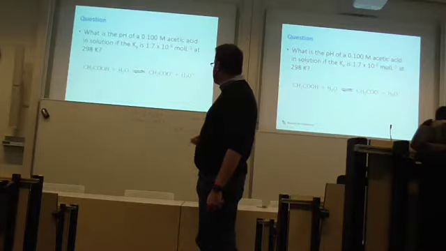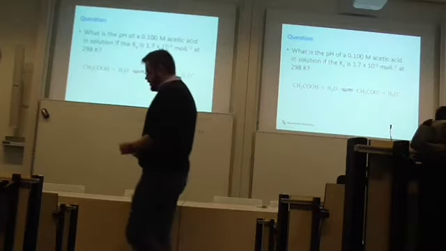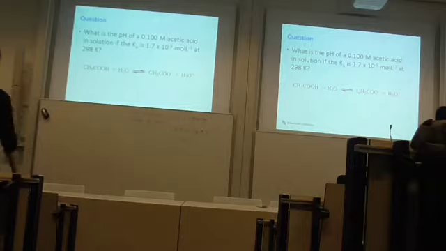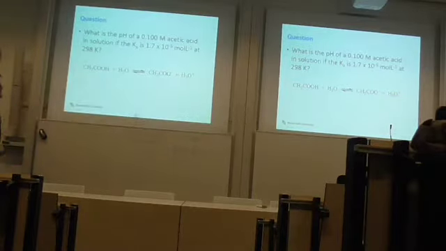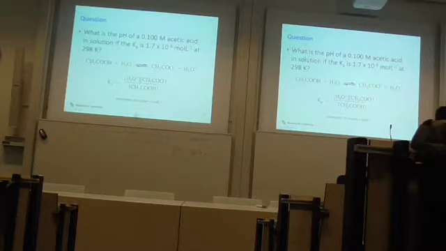And this is how you do that. You always start off with the reaction equation. There it is, acetic acid, the formula for vinegar, dissociating, there's our equilibrium. And we can set up the Ka expression for that. You've seen this before.